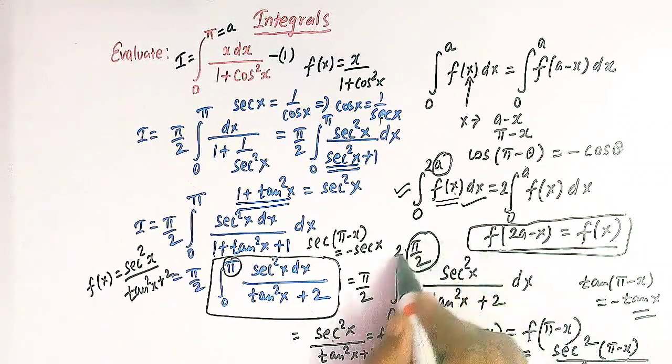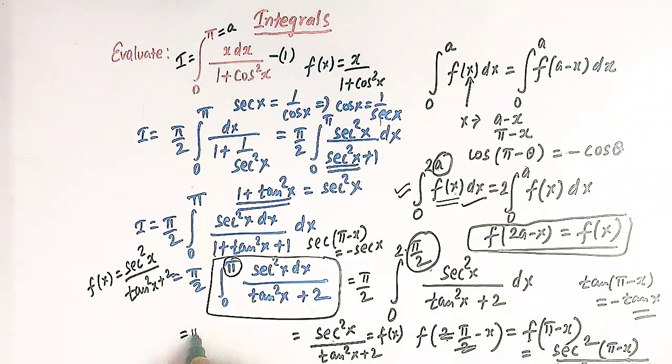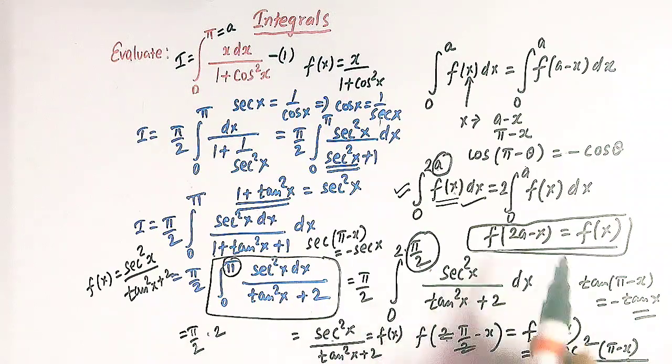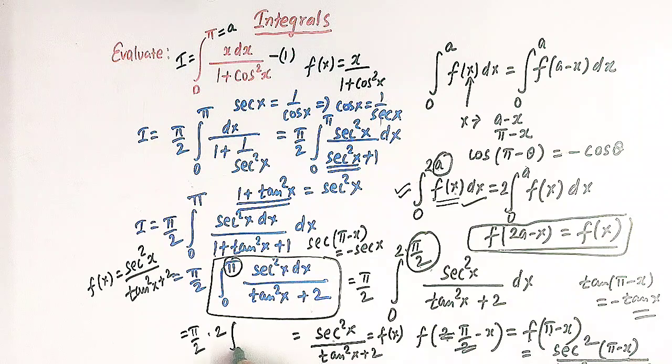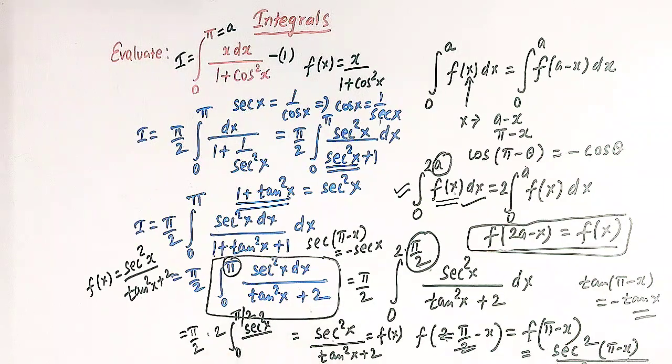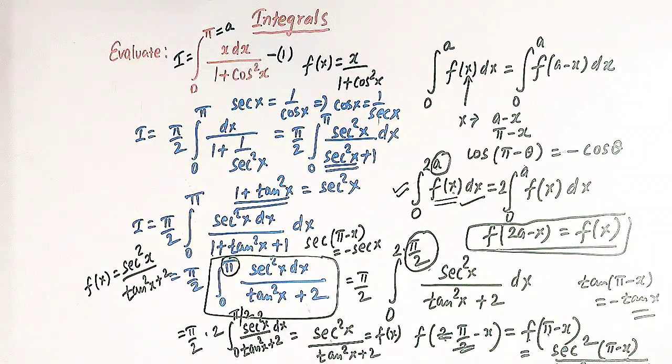Now we can write this integral as pi by 2, and we have 2 times, because here we have 2 times 0 to a. So we have 0 to a, which is pi by 2, secant square x over tan square x plus 2, and here we have dx.